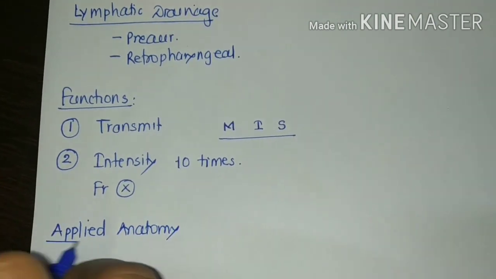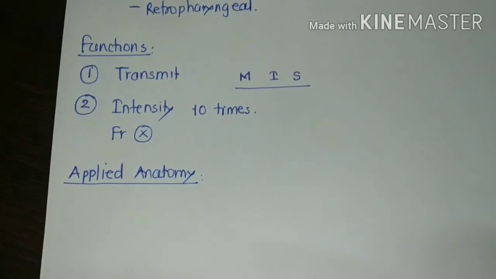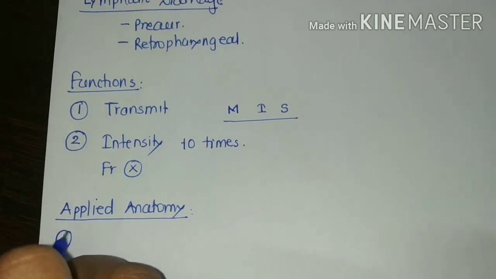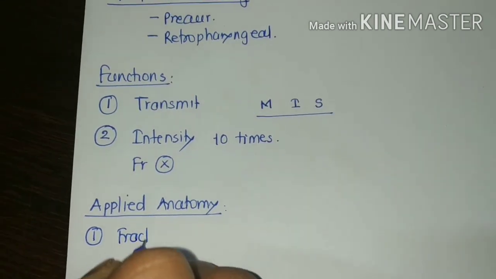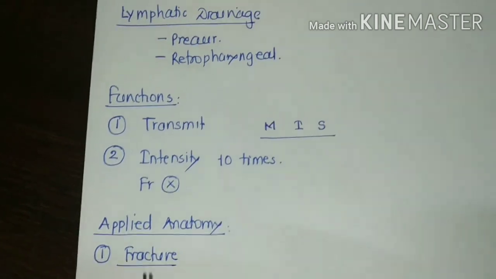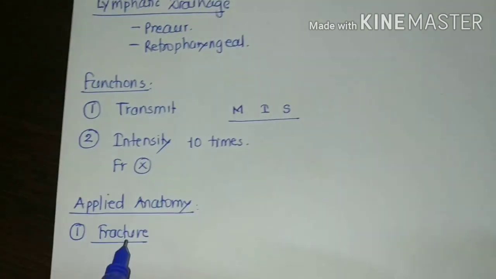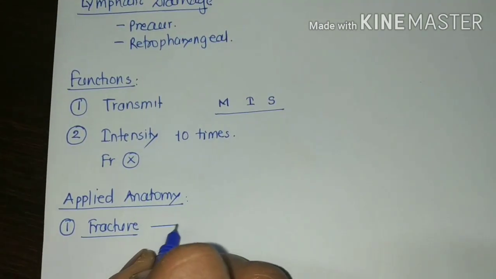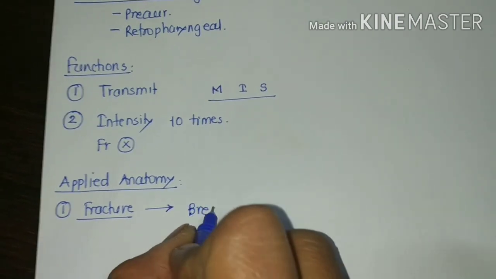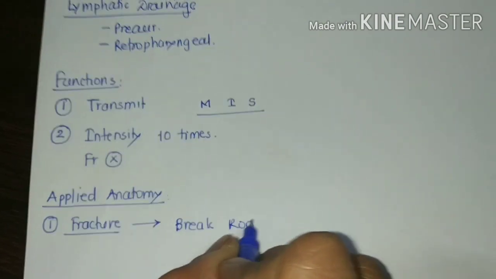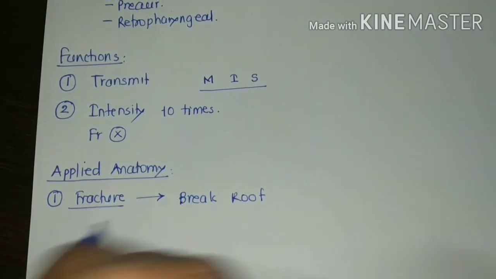Clear? Now coming to the last heading, that is the applied anatomy of the middle ear. Now in the applied anatomy, the first point which we are going to see is the fracture of middle cranial fossa. Now if there is fracture of the middle cranial fossa, it will break the roof of middle ear.